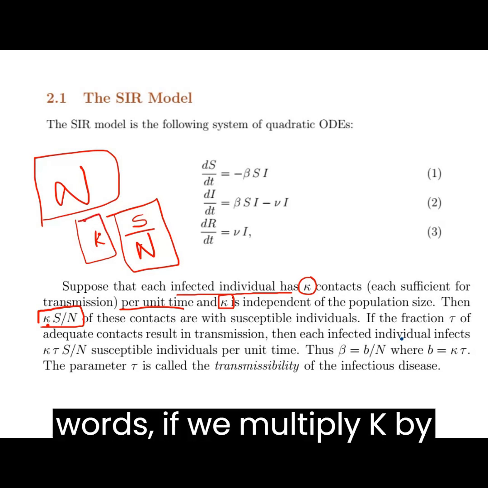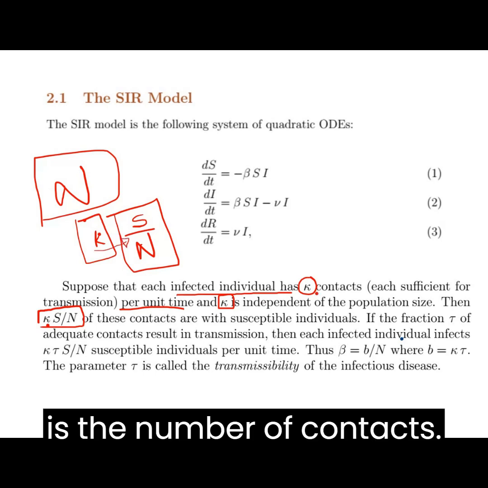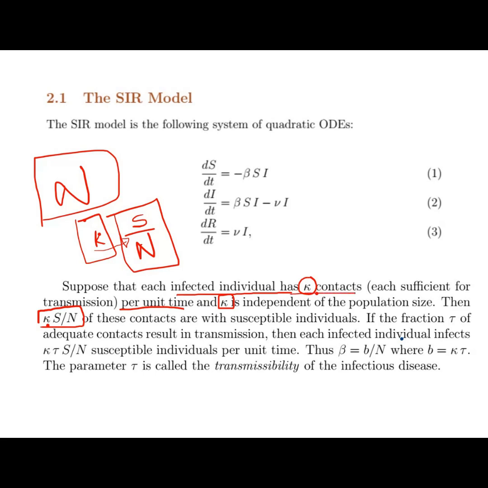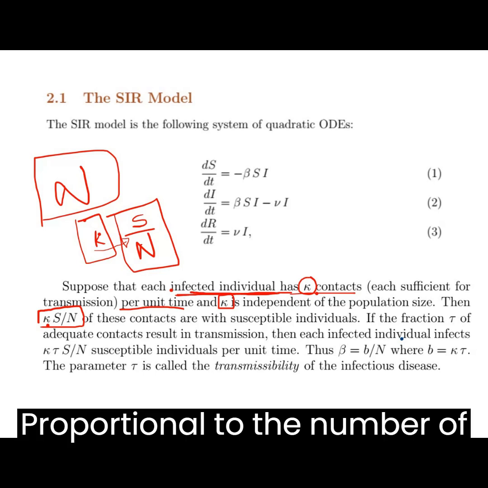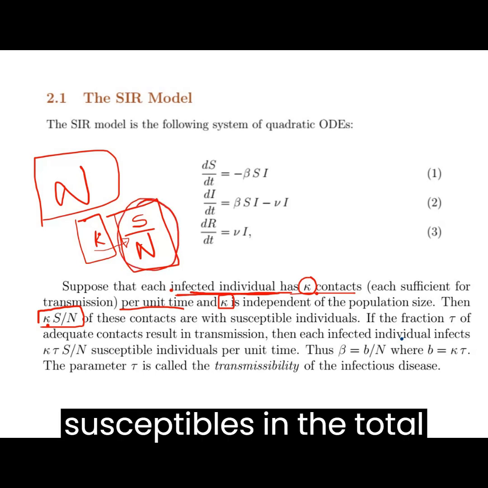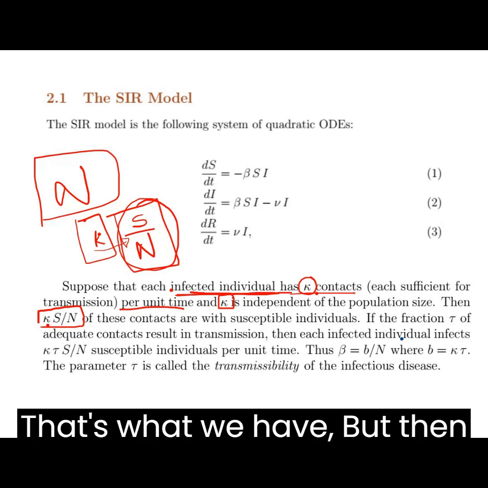So in other words, if we multiply K by S over N, what we get is the number of contacts of each individual proportional to the number of susceptibles in the total population. All right? That's what we have.